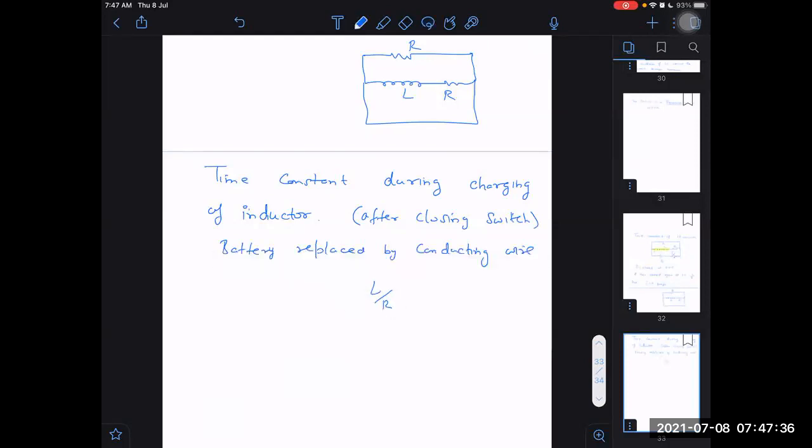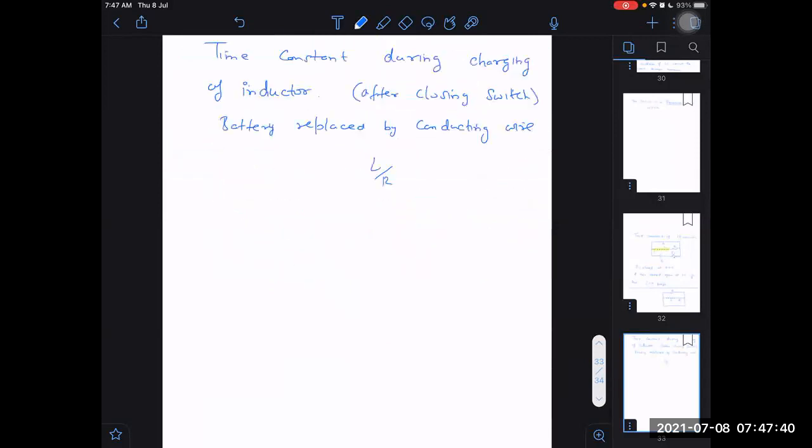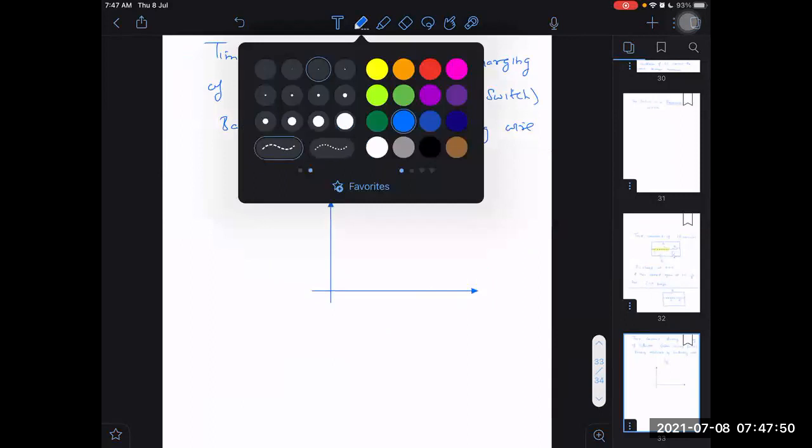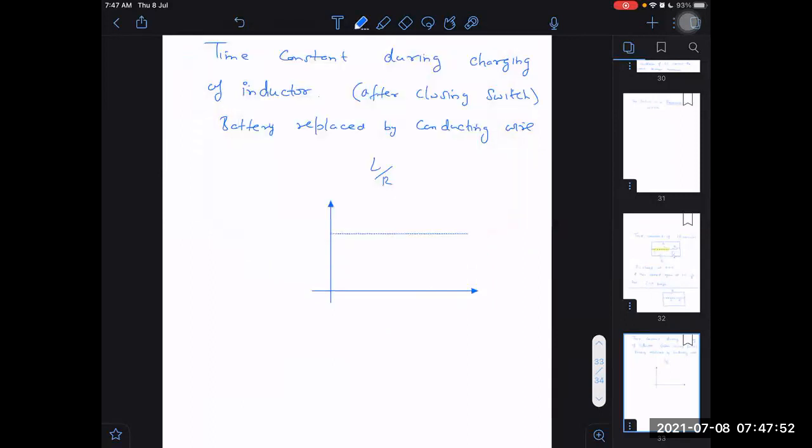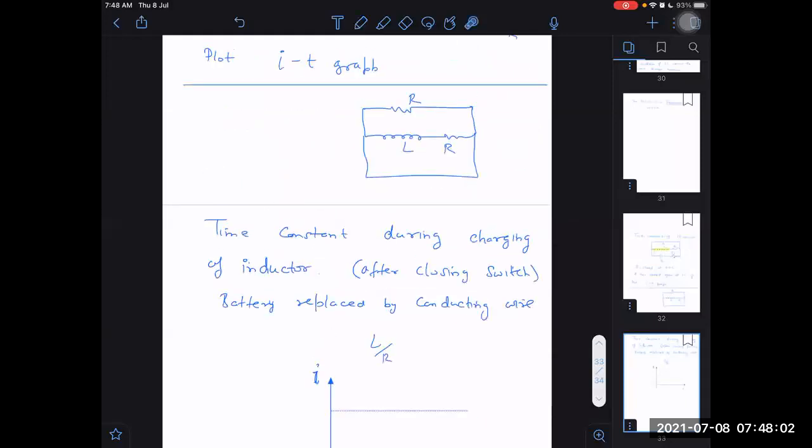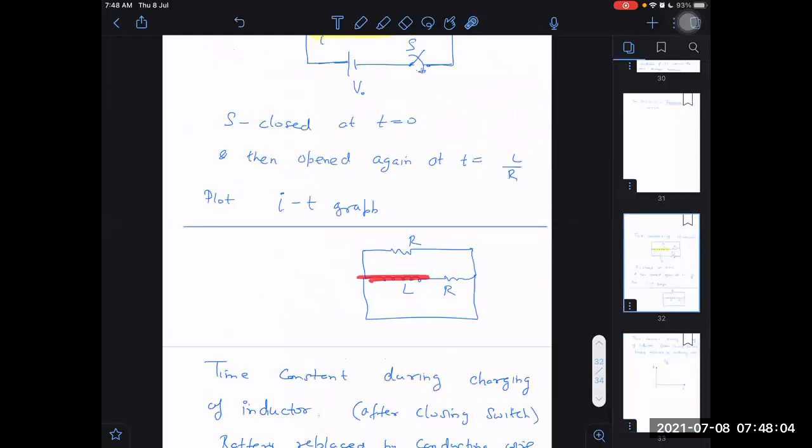L by R is that time constant. And what will be the graph for this? For charging, the graph will be: initially current is 0. Finally, it will try to attain what current? The I versus time graph.